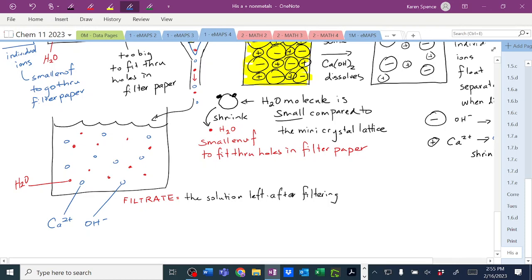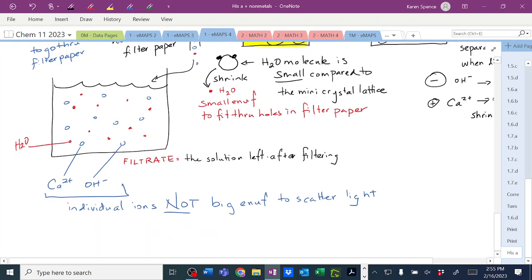No, you can see there's no light scattering going on. The light is going straight through. And if it's not big enough to scatter light, it's not going to appear cloudy. It is going to appear clear.